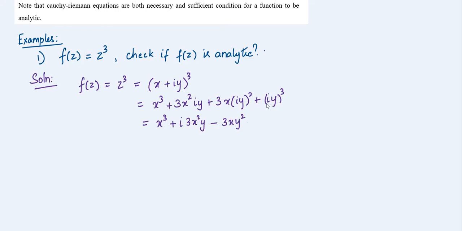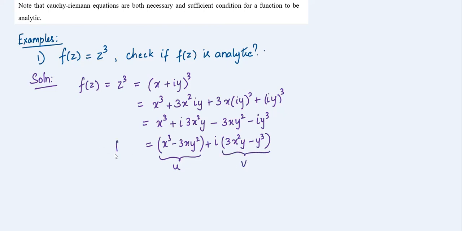Now i cube is minus i, so iy cube. x cube minus 3xy square plus i times 3x square y minus y cube. So this is u and this is v, f of z.